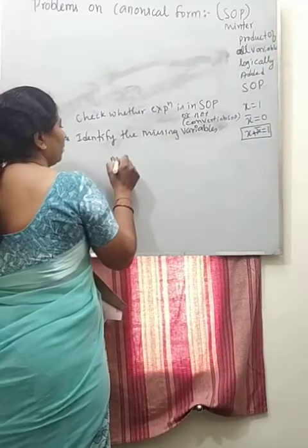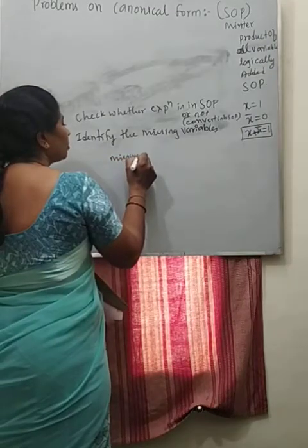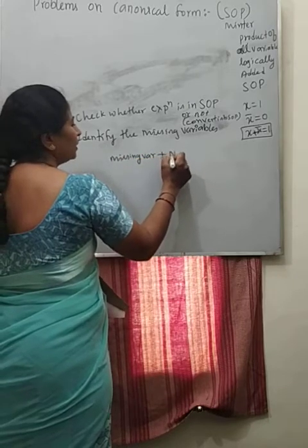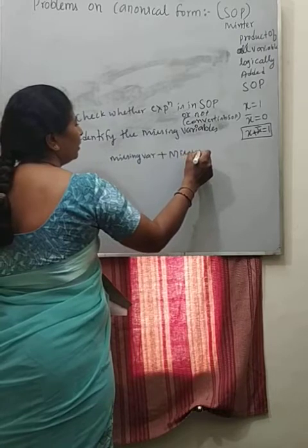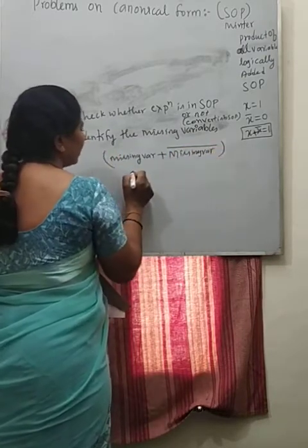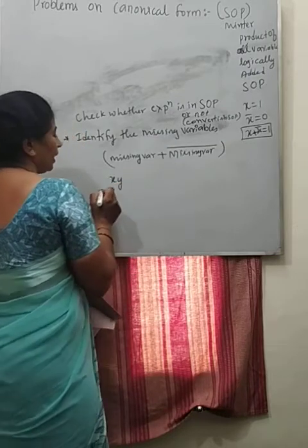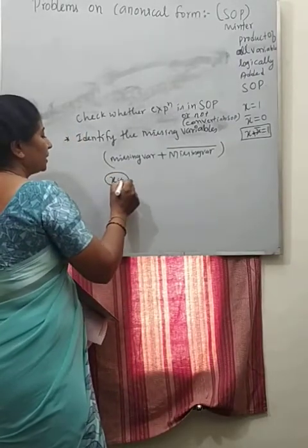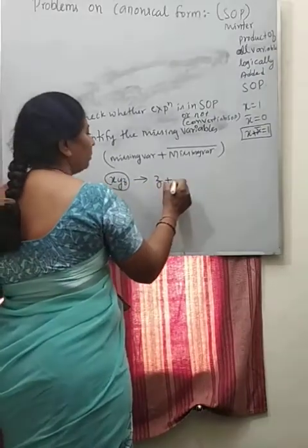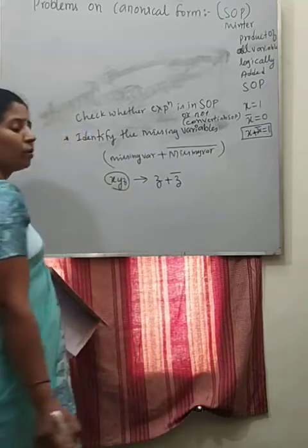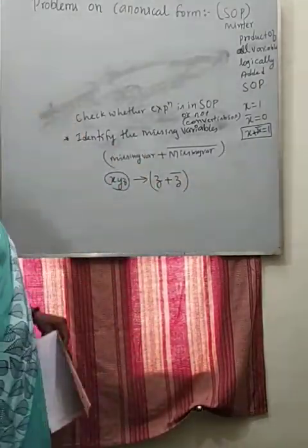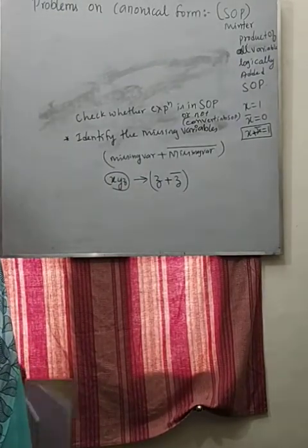That missing variable you need to add to the term as missing variable plus missing variable complement. How can we write it? Suppose in xy there is a z missing. If you want to add it, you use the missing variable plus missing variable complement. This you need to apply to include the missing variables into the terms.